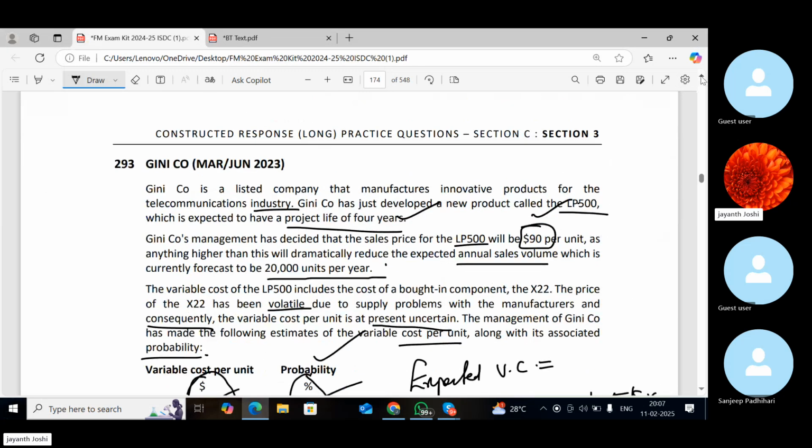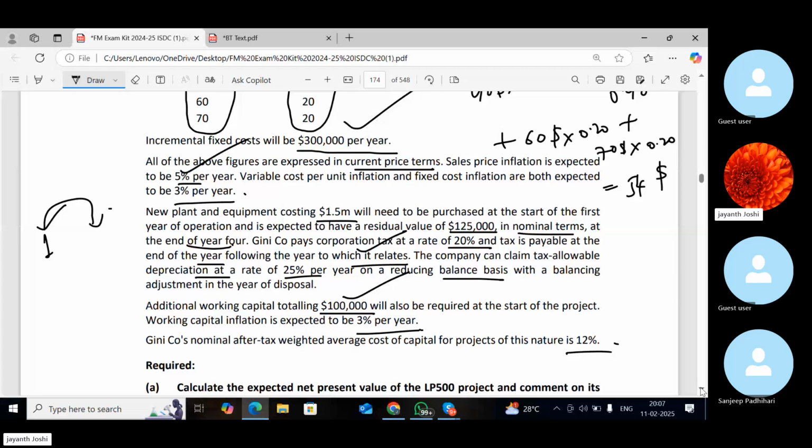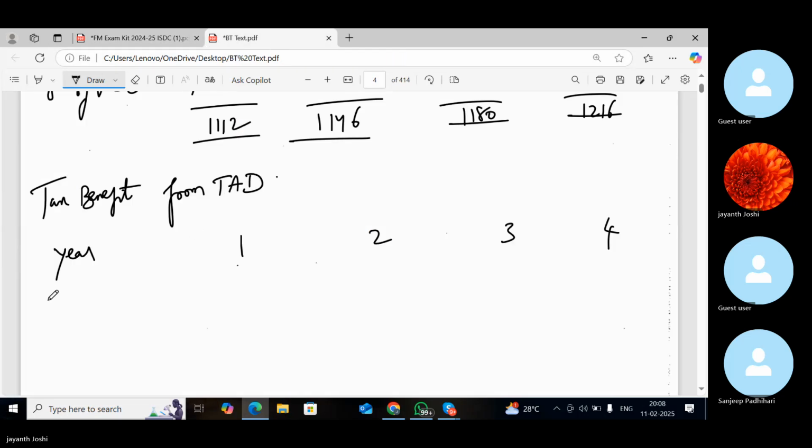What is your investment? You're going to invest around 1.5 million, and 25% is the diminishing balance. So we'll find the depreciation: cost of the asset 1500, 25% of that is the tax allowable depreciation.